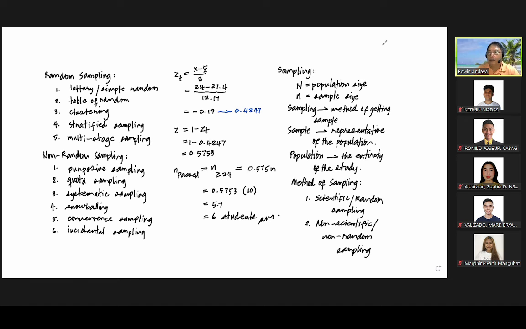We choose only those who graduated with honor from the private school and those who graduated with honor from the public school. So that is purposive sampling.